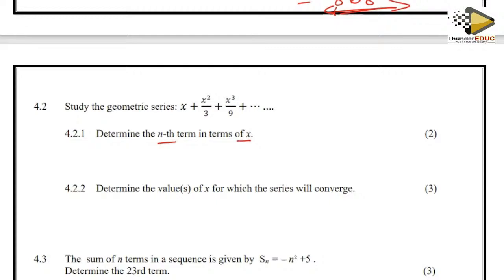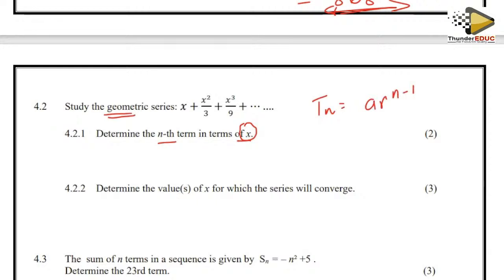So when a question tells you that you must find something in terms of a particular variable, it simply means that your answer must contain that particular variable as well. They're not asking you to find the value of the variable. So the question was specific, it's geometric.